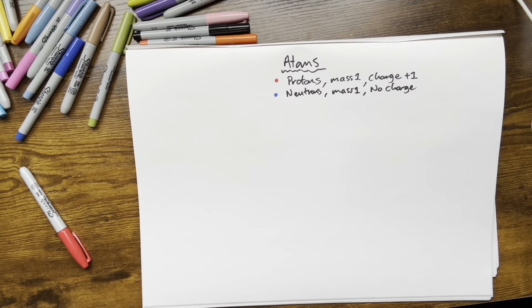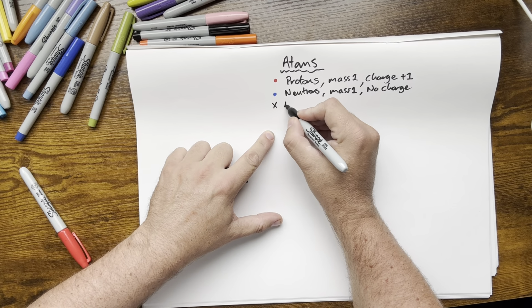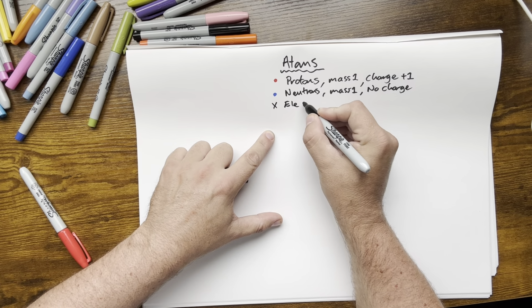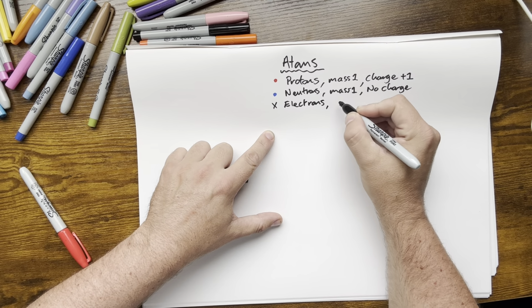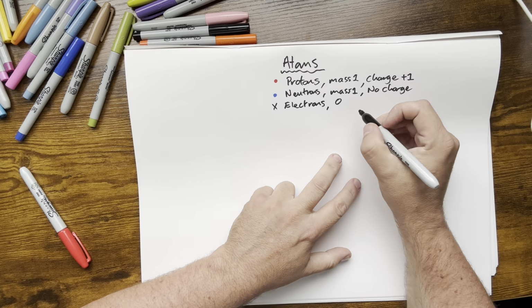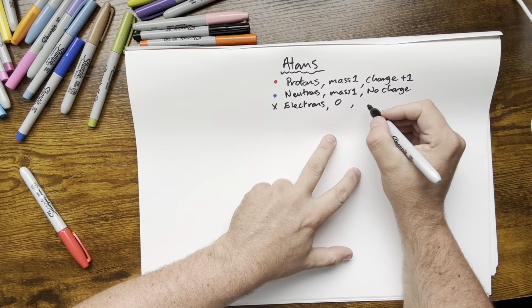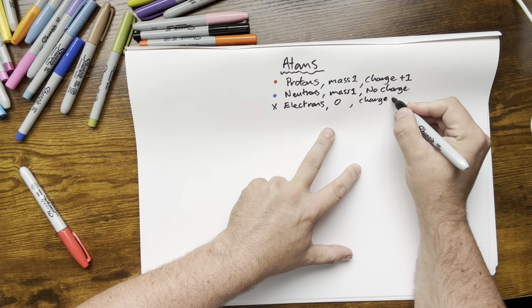They're neutral. And finally, we have electrons. We say these have a mass of 0, they have a negligible mass, they're tiny. And they have a charge of -1.